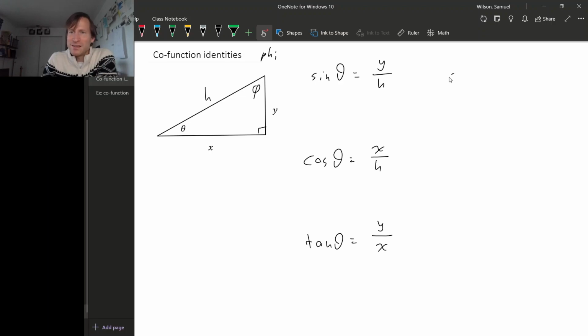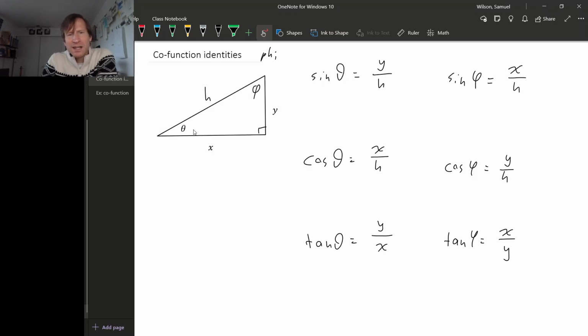So for phi, sine of phi is, well, it's still opposite over hypotenuse, but the side that's opposite phi is x, not y. So x over hypotenuse. And then cosine of phi is y over the hypotenuse. And tangent of phi is the opposite side, which is x over y.